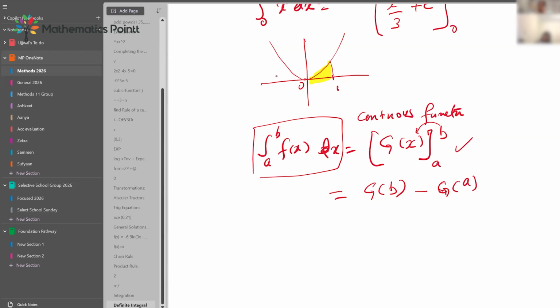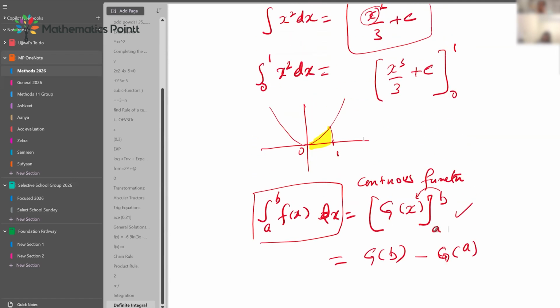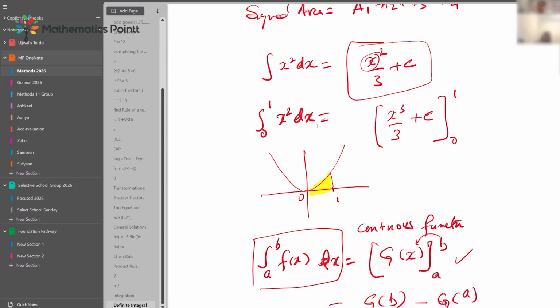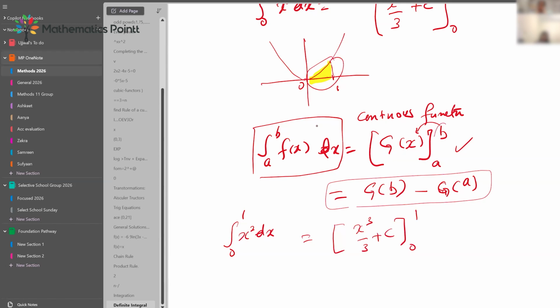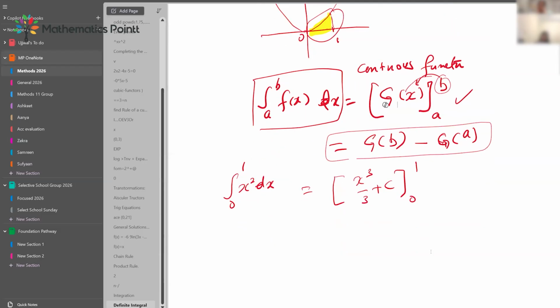Now let's apply this rule, the fundamental theorem of calculus, to the integral that we have found for x squared dx. So my x squared dx between 0 to 1, this area that I'm now trying to calculate, I found the integral to be x cubed over 3 plus c between 0 to 1. So the fundamental theorem of calculus tells me, first of all, sub in the top limit in your integral. What is the integral that I have? X cubed over 3 plus c.